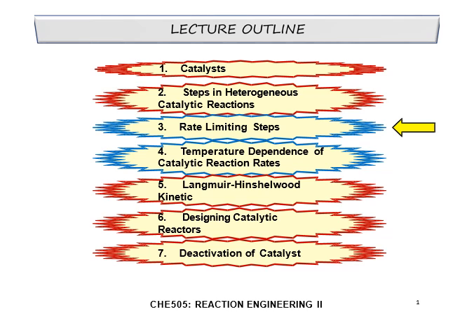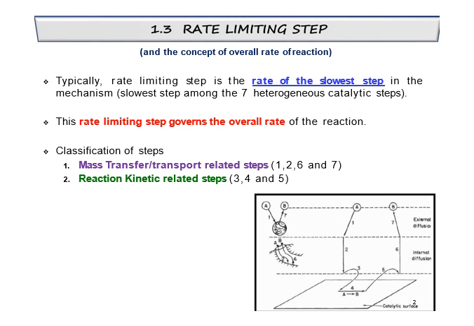Let's continue with the rate limiting steps subtopic. What does it mean by rate limiting step? The rate limiting step can be defined as the slowest step among the 7 heterogeneous catalytic steps which have been introduced to you before.